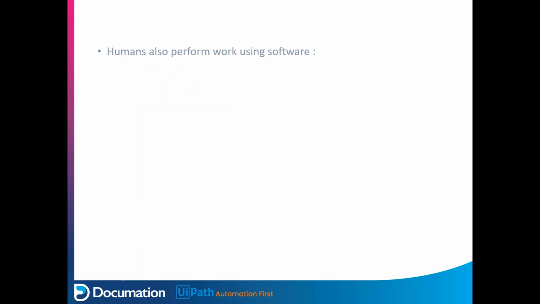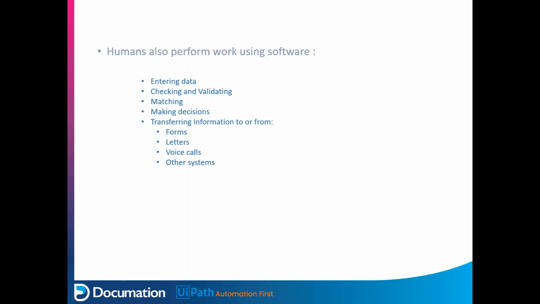But of course, humans also perform work using software. We spend a lot of our time every day working with software, be it on our mobile phone, on our iPads or our laptops. And in our daily work, many of us spend time entering data, checking, validating, matching, making decisions, transferring information from one system to another, and so on.